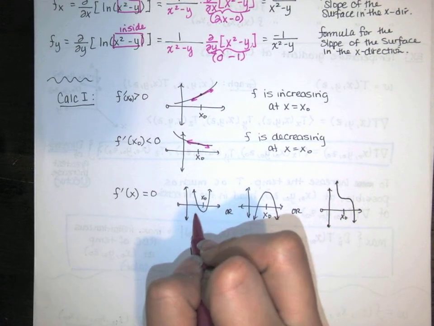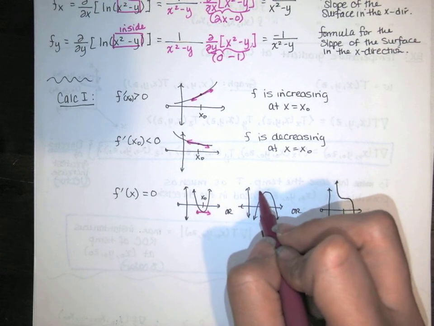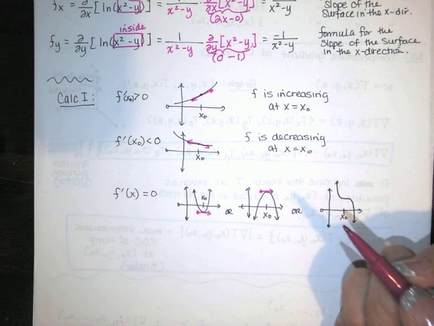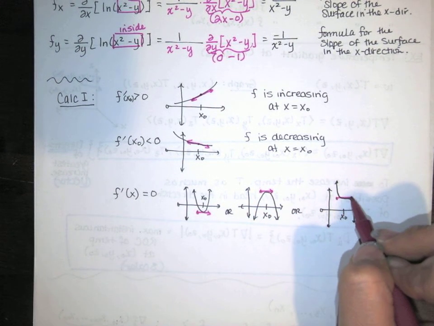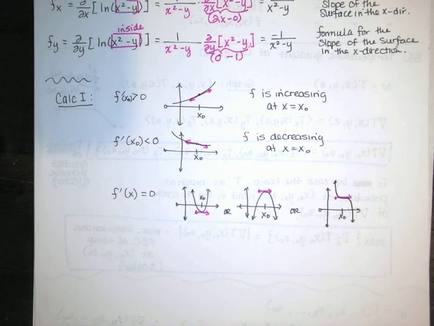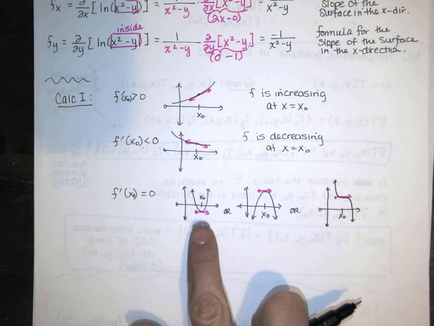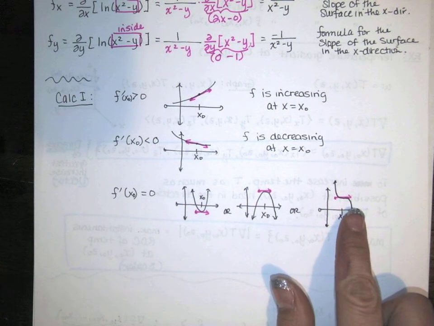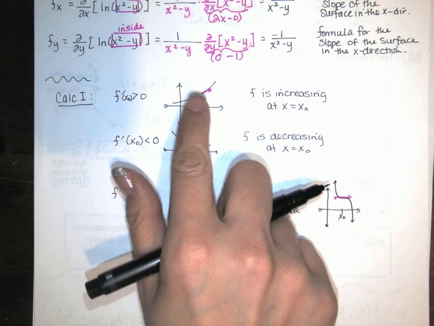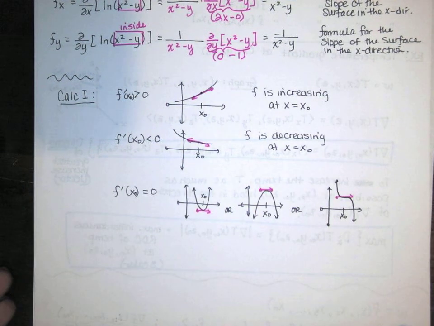So if I draw the tangent line here at the bottom, it's a horizontal tangent line, its slope is 0. Tangent line at the top has a slope of 0, and this tangent line has a slope of 0. So if you get a derivative of 0 at x naught, that means you're either at a min or a max or possibly a flat point. But if the derivative is positive, the function's increasing. If the derivative is negative, it's decreasing.